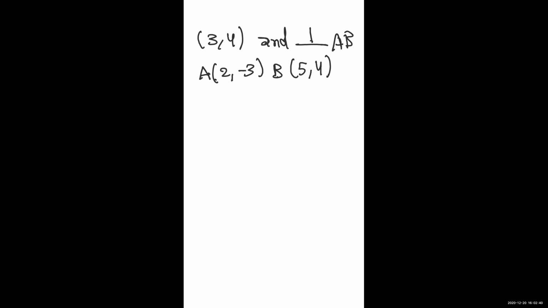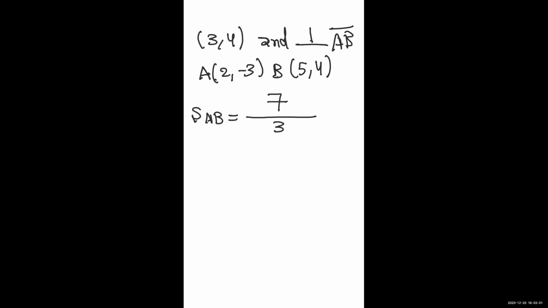Now I will get the slope for AB. Slope for AB will equal change of y, 4 minus -3, so 4 plus 3, which equals 7, over 5 minus 2, so 7 over 3. So this is the slope for AB.